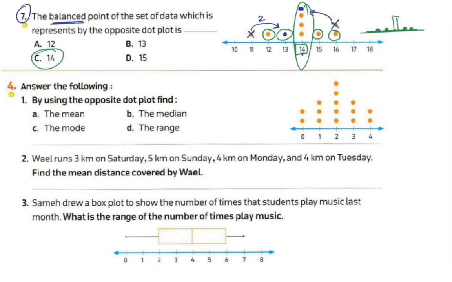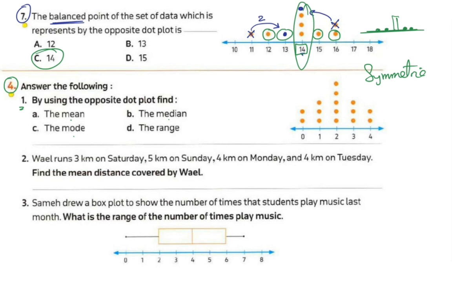Question number 4: answer the following by using the opposite dot plot. Again we have a dot plot. I need to find the mean, the median, the mode, and the range. Note with me, this figure is symmetric.